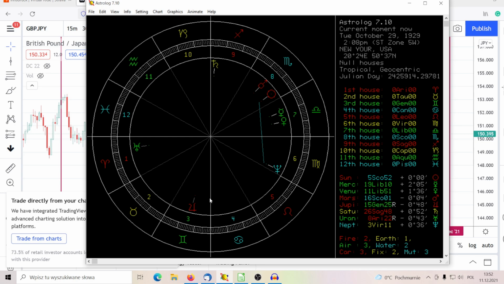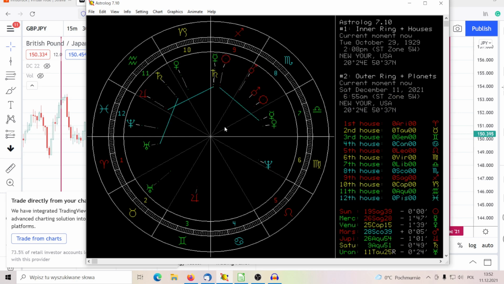Now we know the configuration of the planets at that date, okay? If you press the C button, only the C button, the configuration of these planets at that date is in the inner ring, inner circle, and the outer circle shows us the configuration as it is as of today. So we got the Sun in Sagittarius right now.